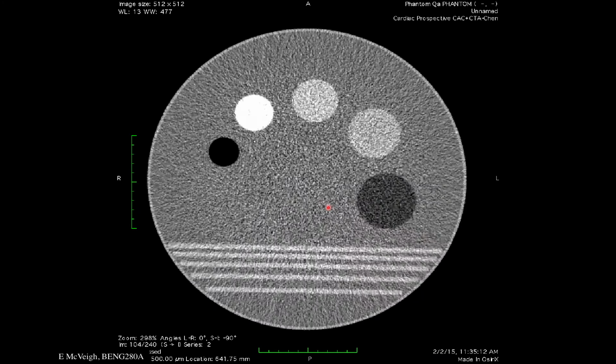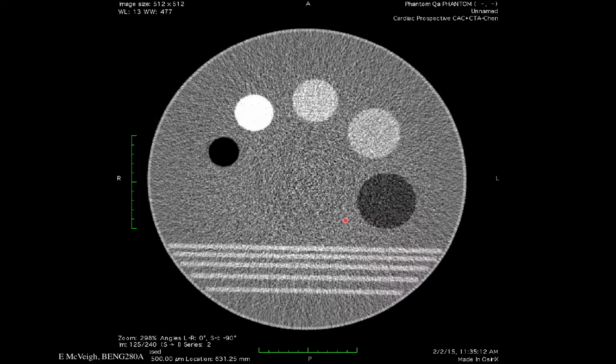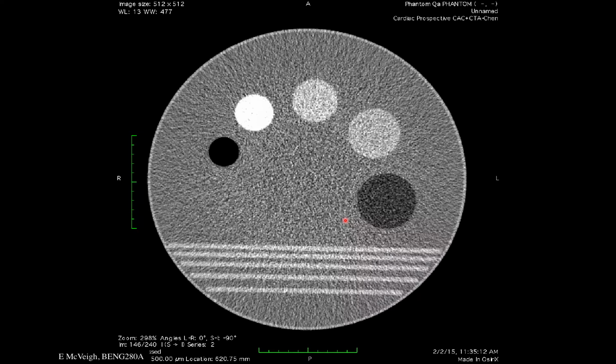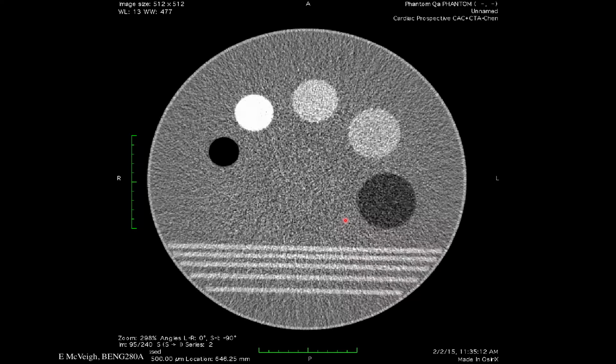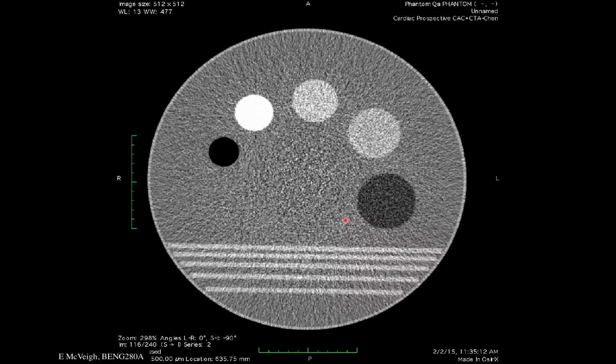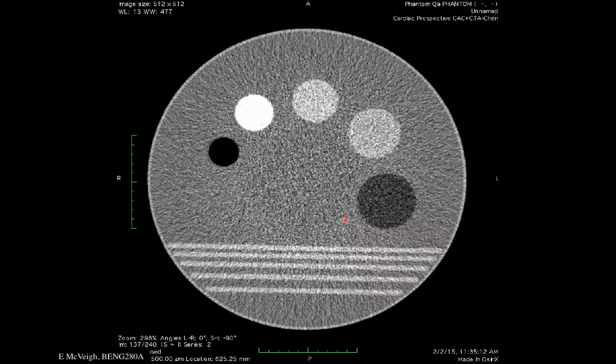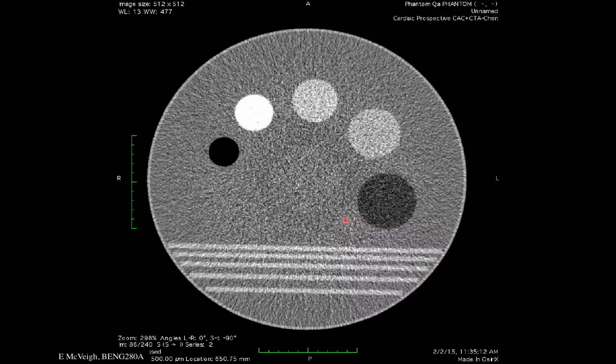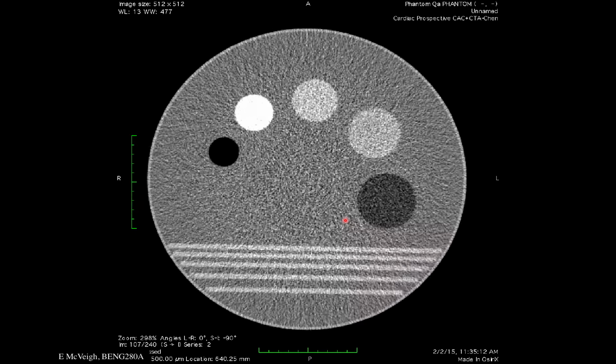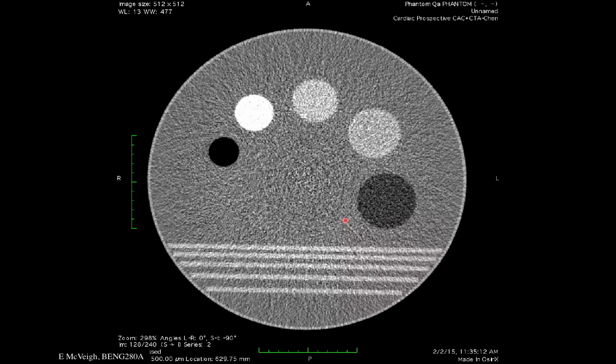So it's interesting to look at the dynamics of CT noise as well. These are basically slices through a phantom, right? So we're just taking one image, moving a millimeter, taking another image, moving a millimeter.